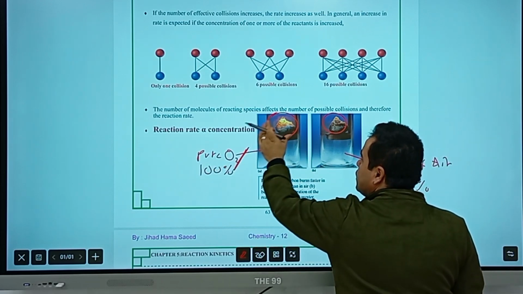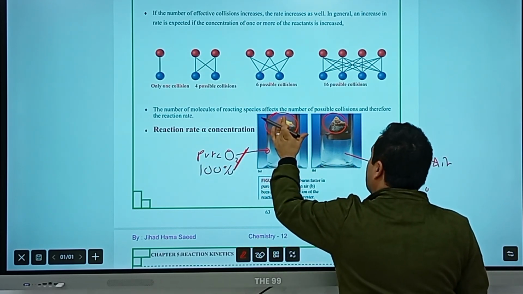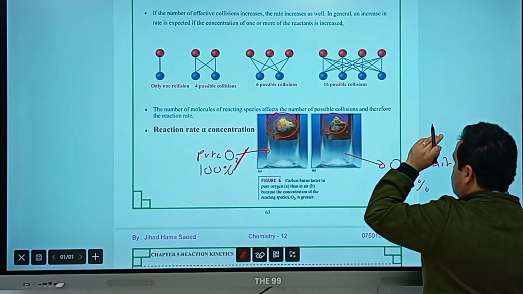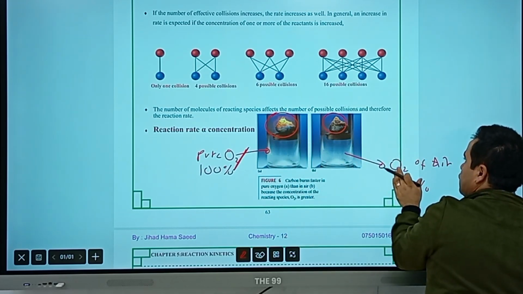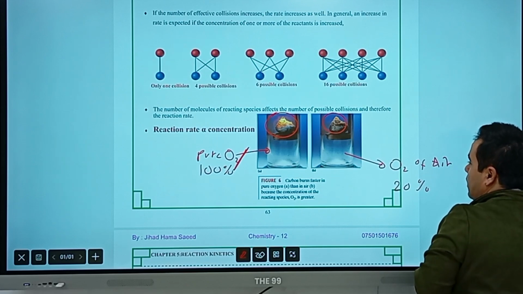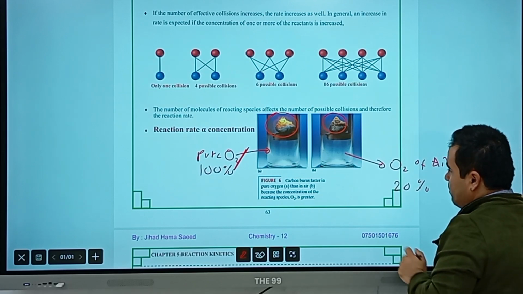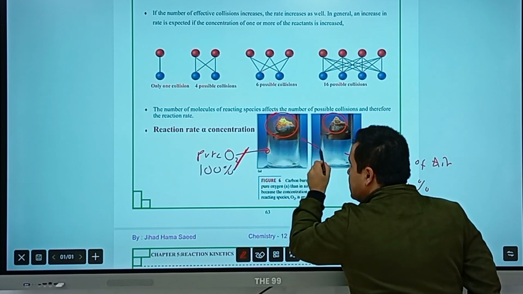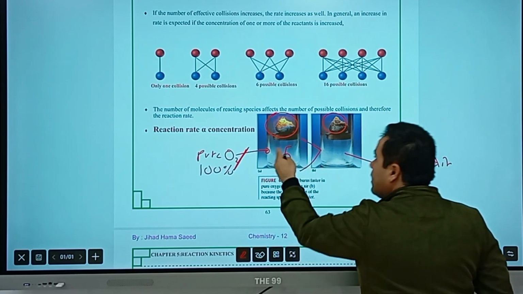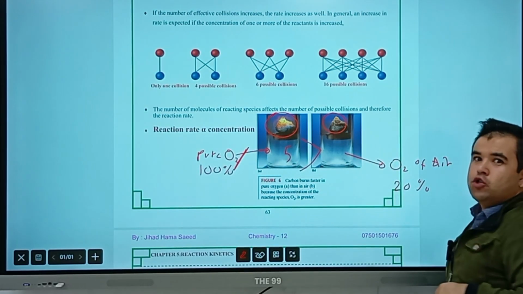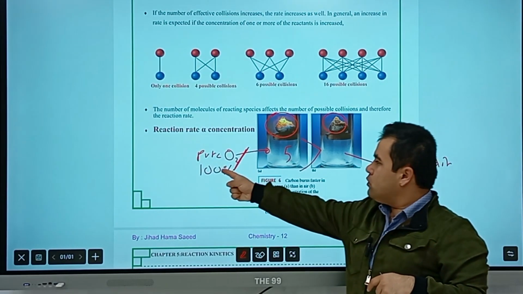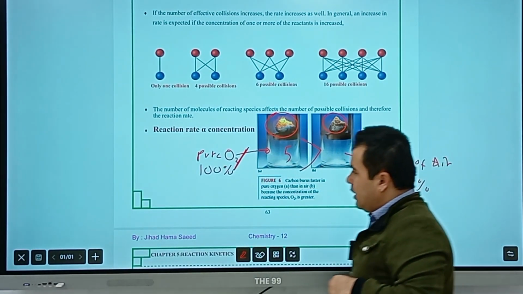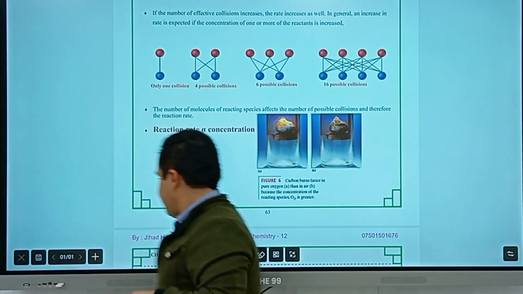Here, a high concentration lets us have a faster mechanism of combustion of carbon, but a lower concentration of oxygen gives a slower mechanism for combustion. The combustion in pure oxygen is 5 times faster than in the oxygen of air. Why? Because the concentration is 5 times the concentration of oxygen in air.